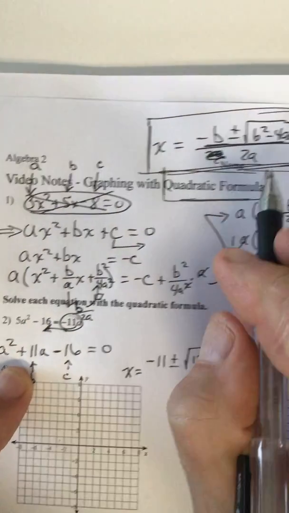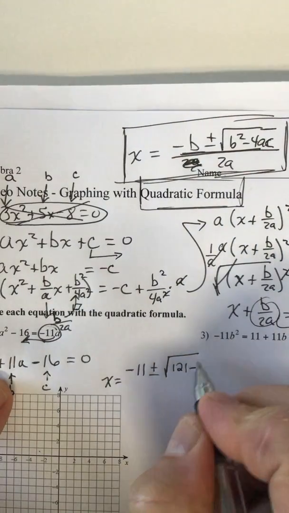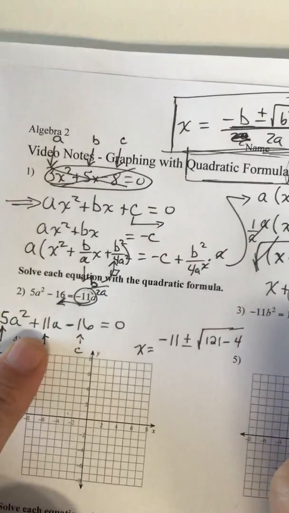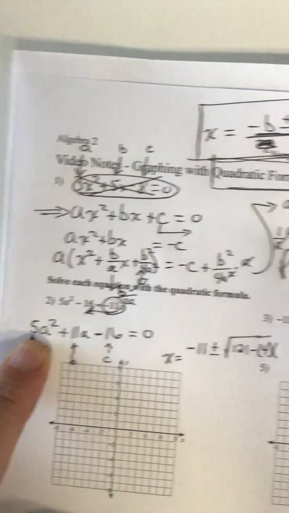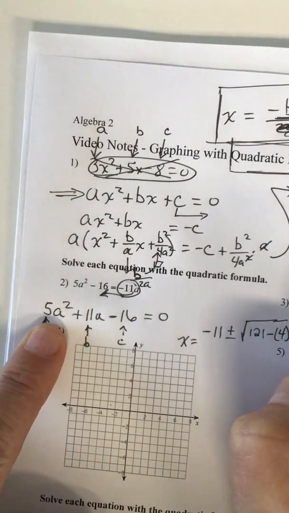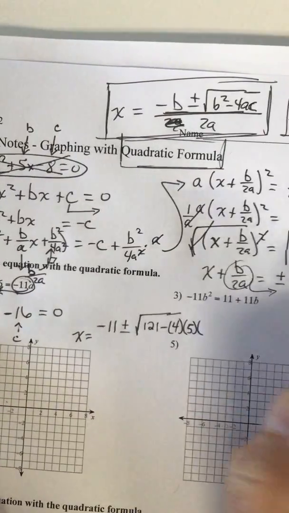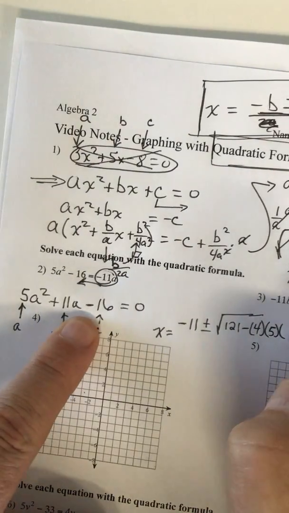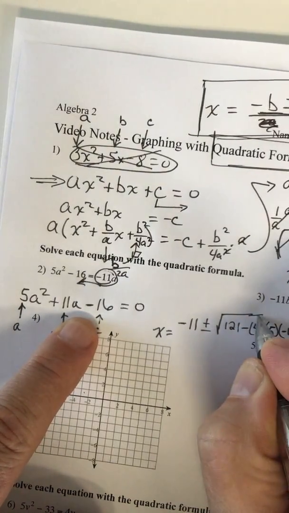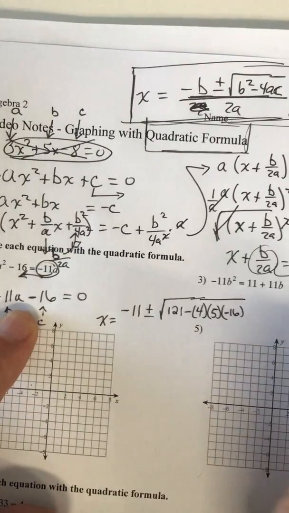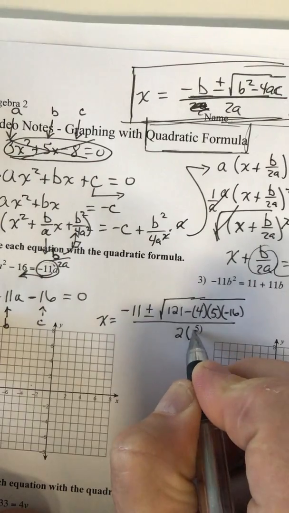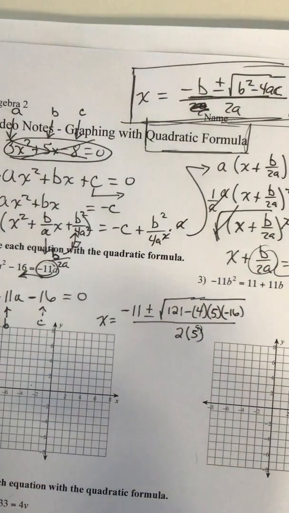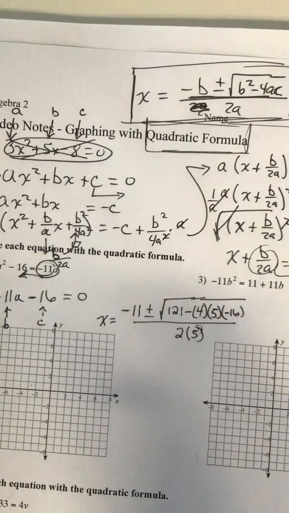Then there's a minus from the formula, so minus 4 times the number a times the number c, which is negative 16. And then it's all divided by 2 times the a number, which is 5. So it's all divided by 10.